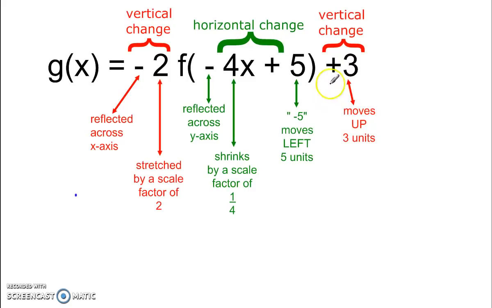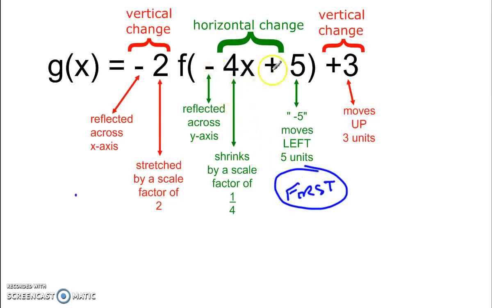And then the last thing we would do is the vertical change, moving up or down. In this case, +3 moves up 3 units. Now, there is an order to this. It doesn't quite follow totally the order of operations. We start with the horizontal move, so this is first right here.